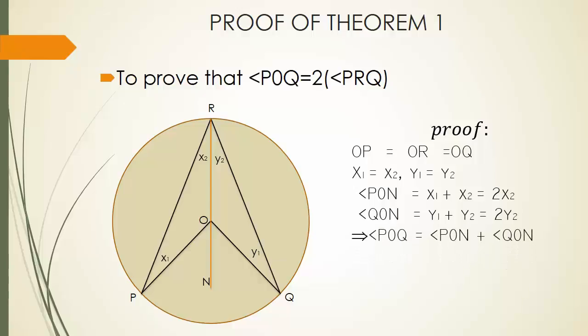Now our final angle, the one we are to prove, POQ, is equal to angle PON plus QON, and this gives us 2x2 plus 2y2 when we substitute their values into the equation. Now we factorize the 2 out and we have 2 times x2 plus y2. From the diagram we can find out that x2 plus y2 gives us angle PRQ. So this is what was to be proven.